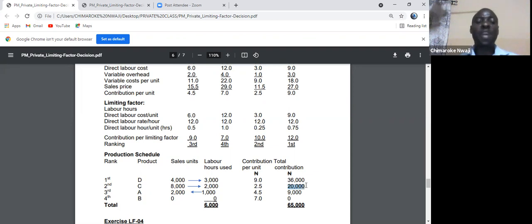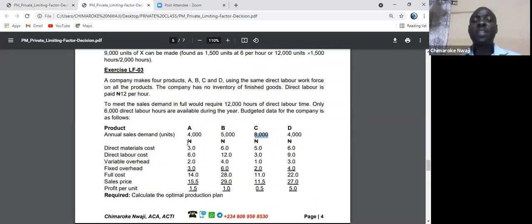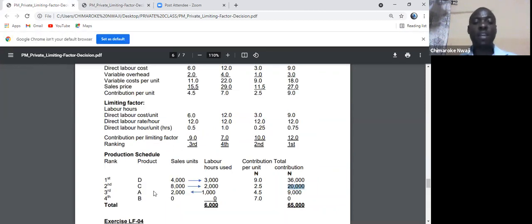Now let's go to A and ask ourselves, can we fully satisfy A? Let's see. A needs 4,000 units. Okay, so let's do it. 4,000 units. And the limiting factor per unit is 0.5.